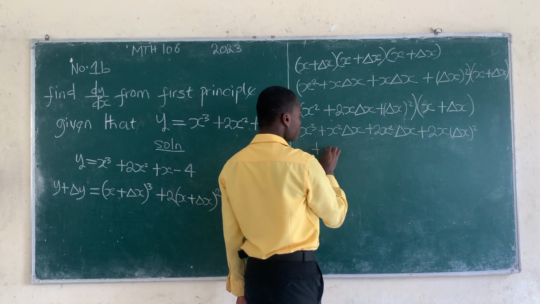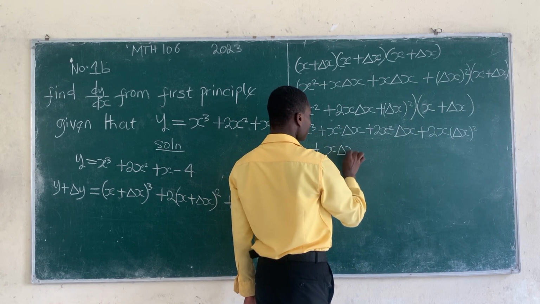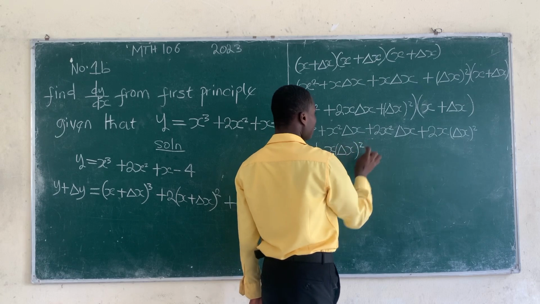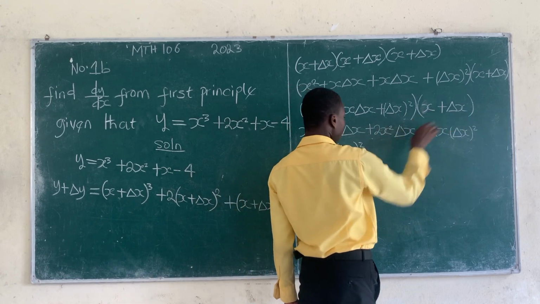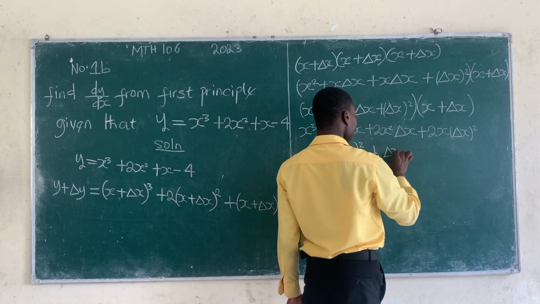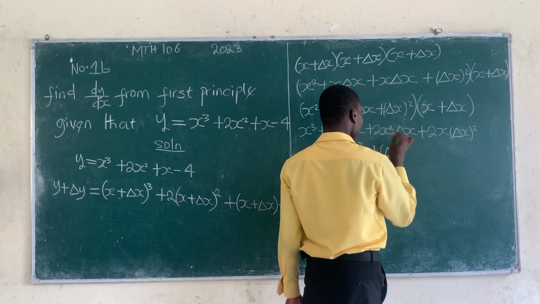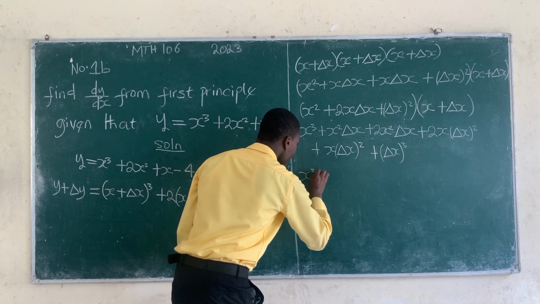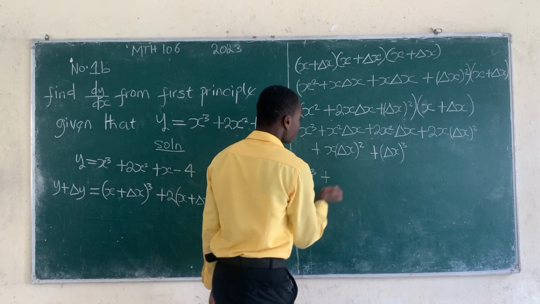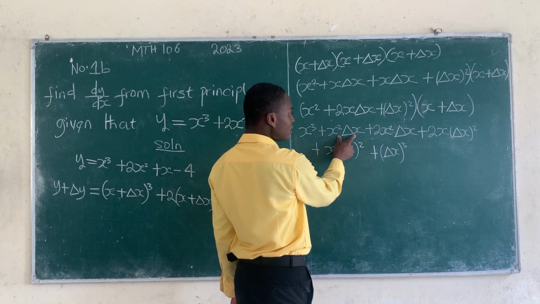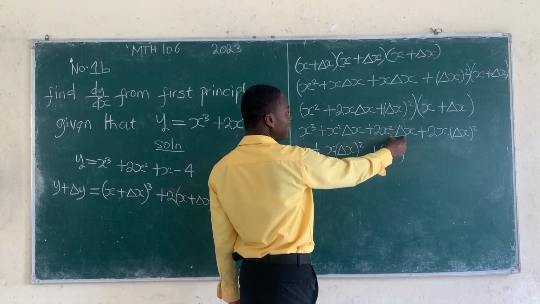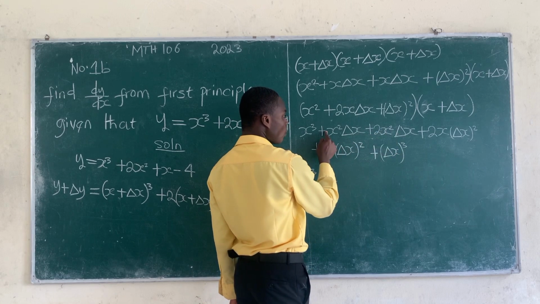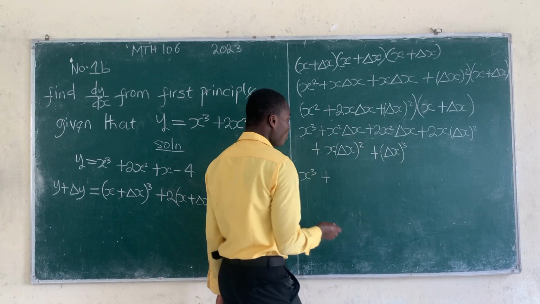That will give us x increase in x squared. Then increase in x squared times increase in x will give us increase in x to the power of 3. So what we are going to be having here is x cubed plus x squared increase in x plus 2x squared increase in x. These two are the same. This is 1, this is 2. So if we add them up, we have 3.